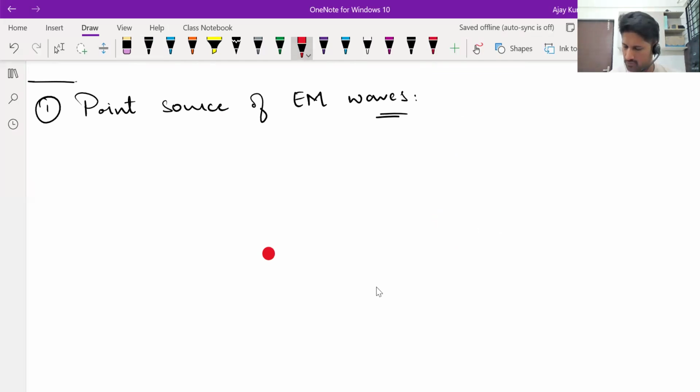Let's say S is the source of the waves. Now, can one of you tell me in which direction, or how, does a point source emit waves in different directions? If you draw the path followed by waves emerging from a point source, what will the pattern look like?